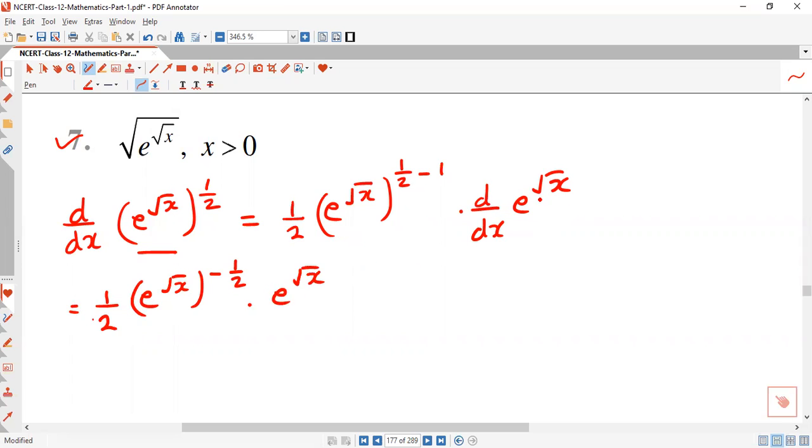But since this is not x, it is further differentiated, dy/dx of root x. You see this one, this is a power minus half and this is a plus half.